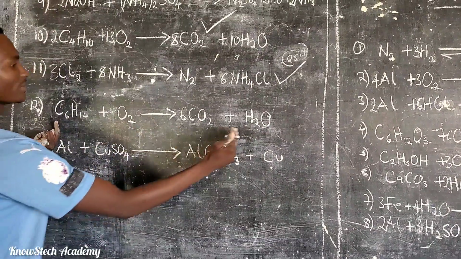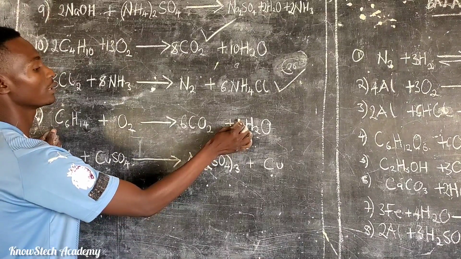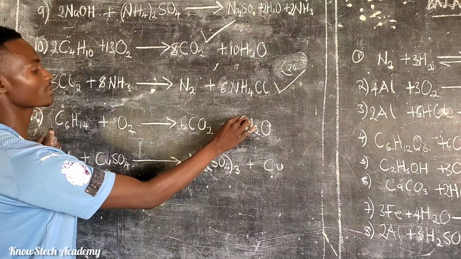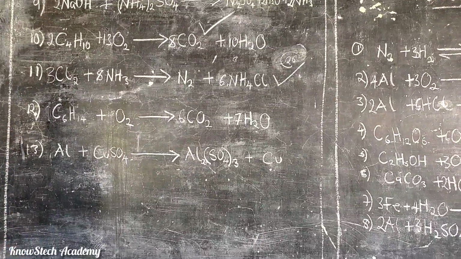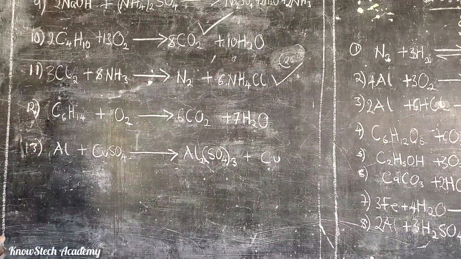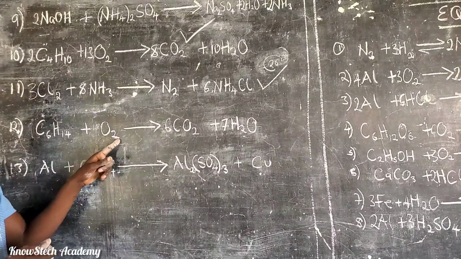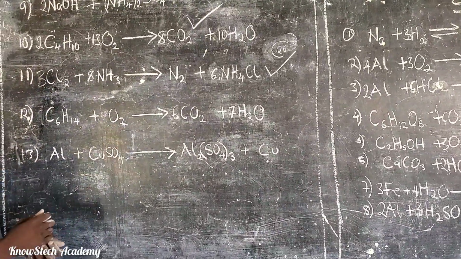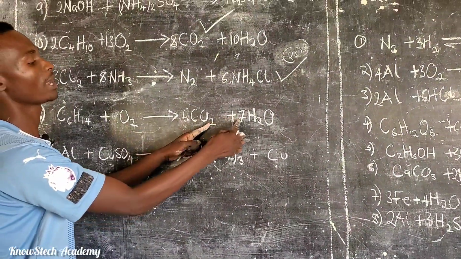Then on the product side, what number can we put here? 7, so that 7 times 2 is 14. Okay, this one looks easier. Until oxygen. Okay, oxygen, you have this side 6 times 2 plus 7.